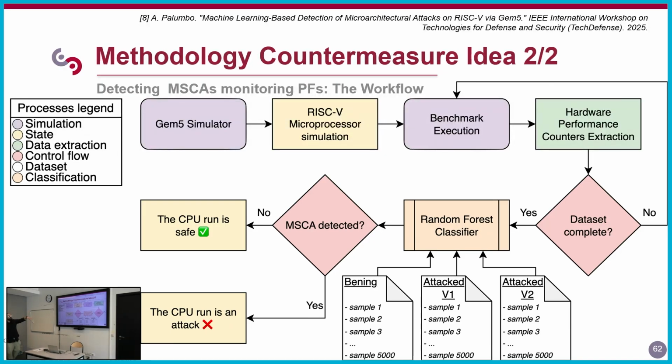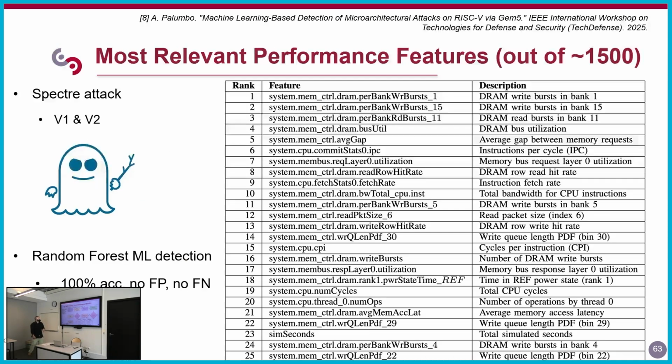So with a machine learning random forest classifier in this case, we were able to detect the attack with 100% accuracy, without false positives and without false negatives. Those are the first 25 features.